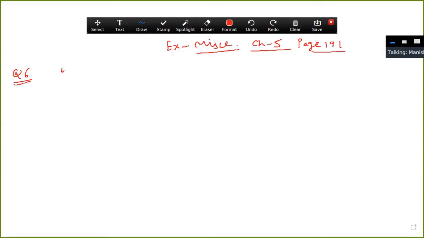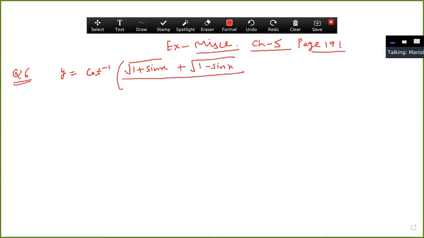That is, y is equal to cot inverse of (under the root 1 plus sin x plus under the root 1 minus sin x) upon (under the root 1 plus sin x minus under the root 1 minus sin x).